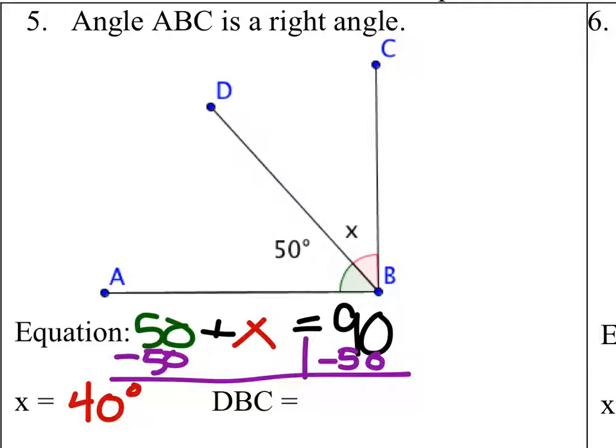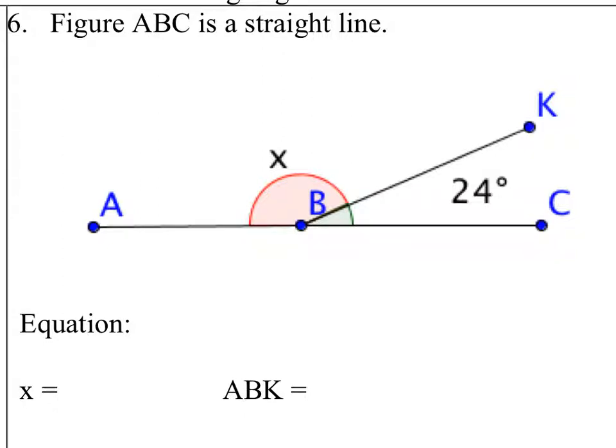All right. So this means angle DBC would be 40 degrees. This figure, that should be angle ABC, is a straight line, or a straight angle. And we have two parts to this. But since this is a straight angle, what type of relationship is it?